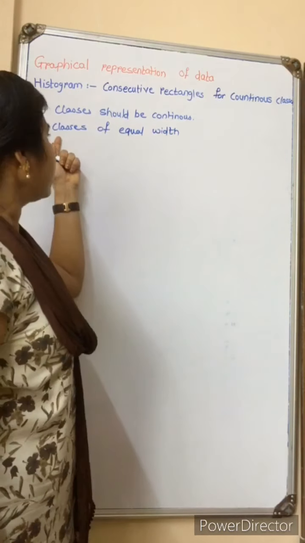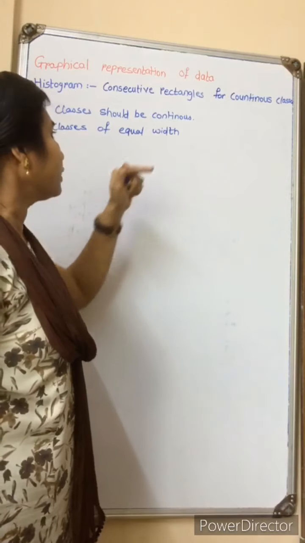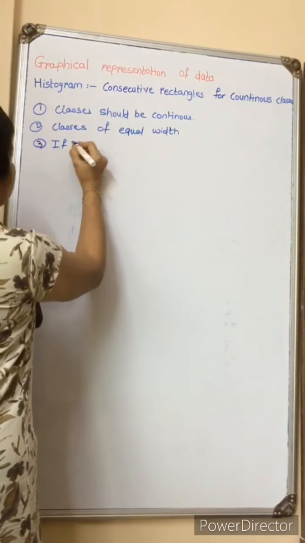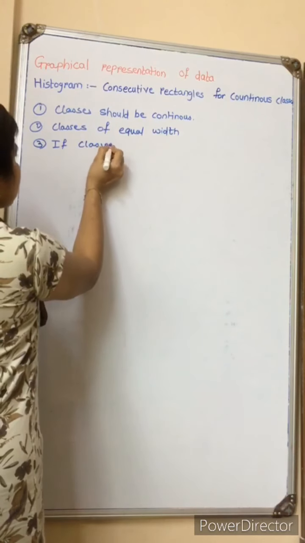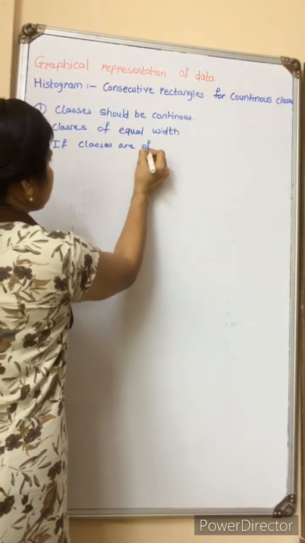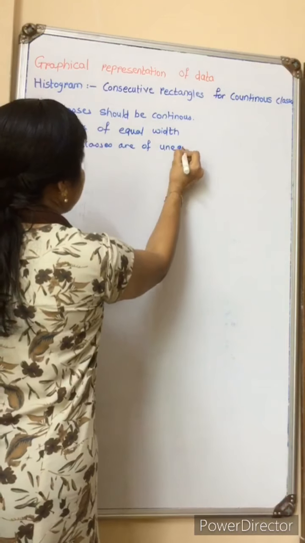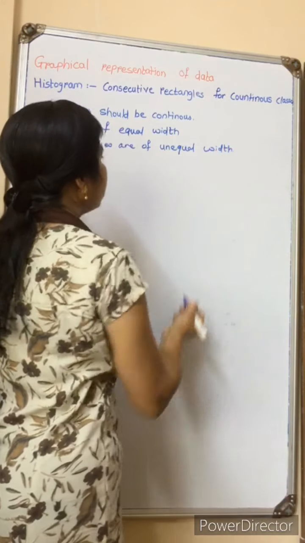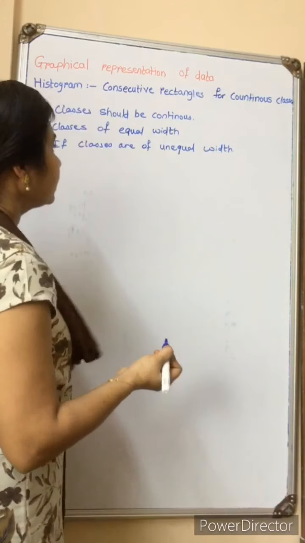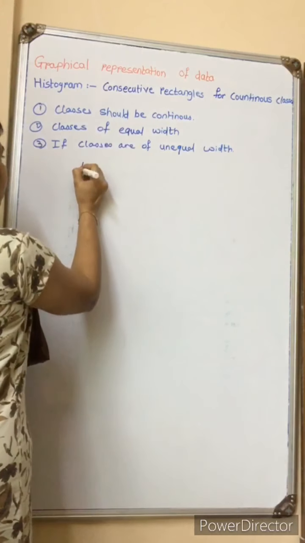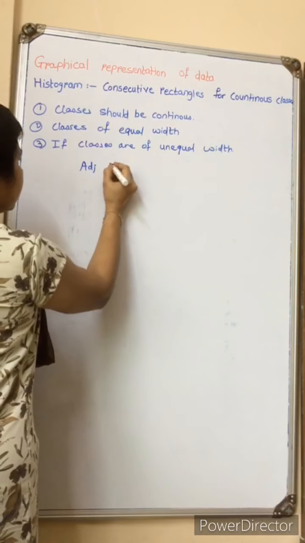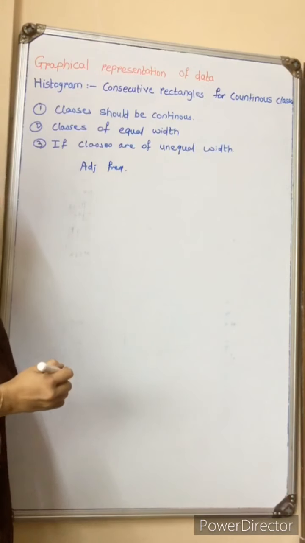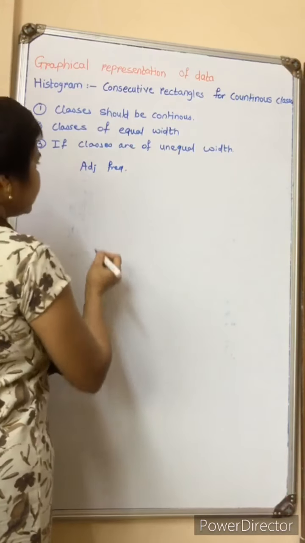Mostly classes are of equal width, but if the classes are of unequal length, then what will we do? We need to find out the adjusted frequency, or sometimes it is called frequency density also.